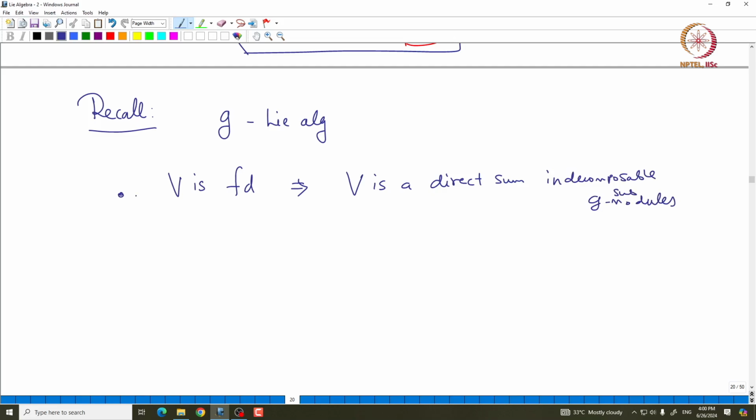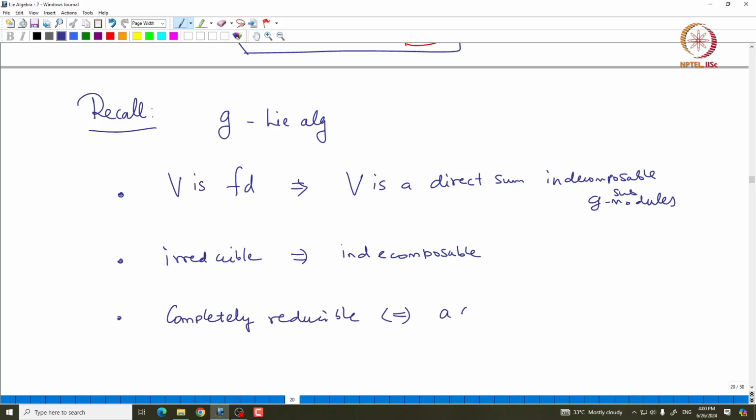This is easy to prove by induction on the dimension of V. Another thing we have seen is that irreducible implies indecomposable, and now we have proved that completely reducible is the same as a direct sum of irreducibles.